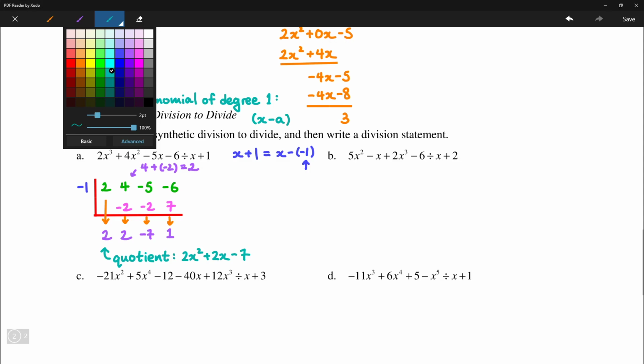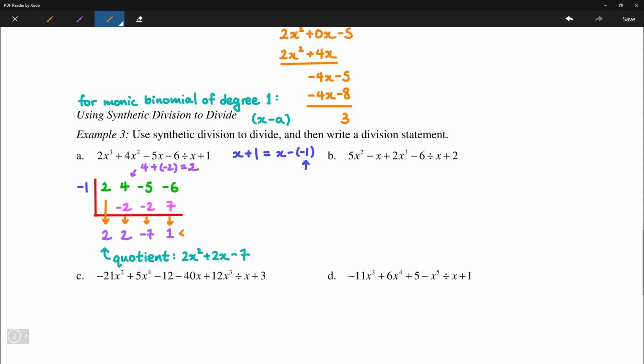And the second piece is the, running out of colors here, maybe orange is okay. The 1 here is the remainder. So that's the process of synthetic division. We find the quotient and the remainder, which is, of course, what we need to find when we divide.